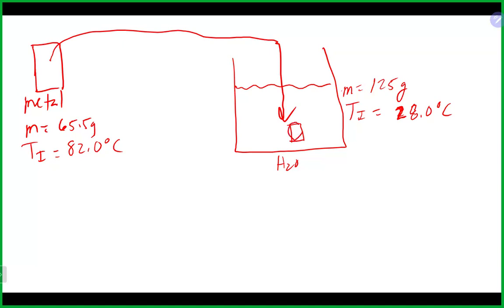It is an exothermic process in terms of the metal, right? It's going to give off all that heat to the water, which means the water is an endothermic process, right? It's going to pick up all that heat and energy. The result of that is we should see, as you just mentioned, the water's temperature rise, like you will see later on. And we'll just say, hey, it rose to 31 degrees Celsius, for example.